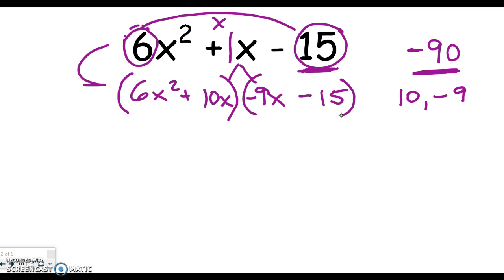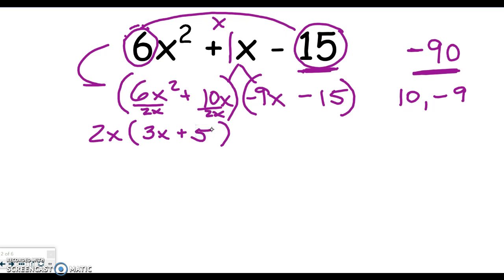Remember, when you factor by grouping, the reason you're doing this is so that you can take something out of that parenthesis. So in the first parenthesis, the thing that I can take out is a 2 and an x. If I take x out, what would I be left with? 5x. Okay, leaving me with 3x plus 5.